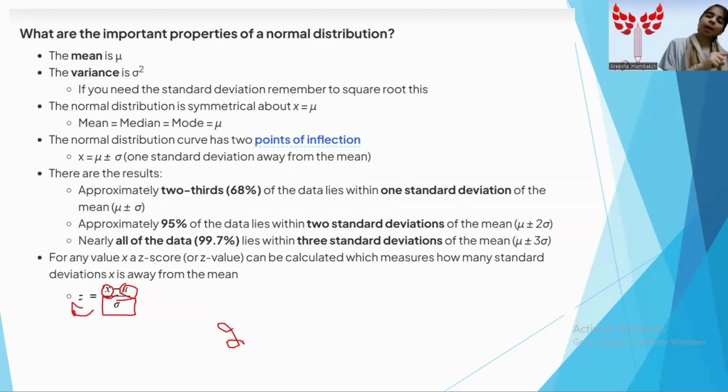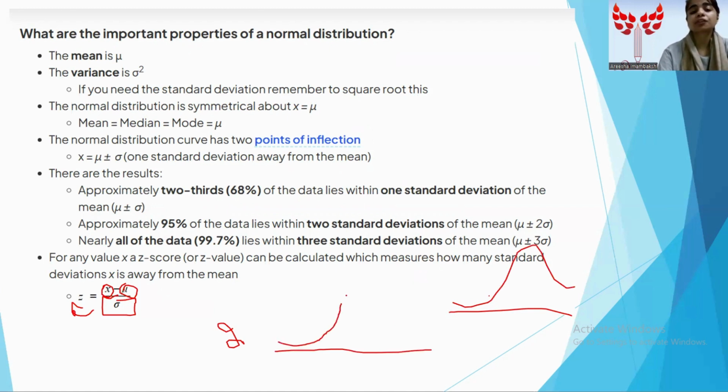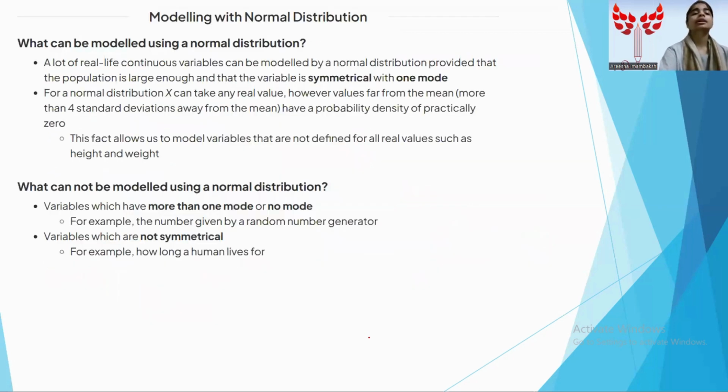If Z comes out to be -2, you are 2 standard deviations away from the mean on the left side. And +2 is 2 standard deviations away from the mean on the right-hand side.